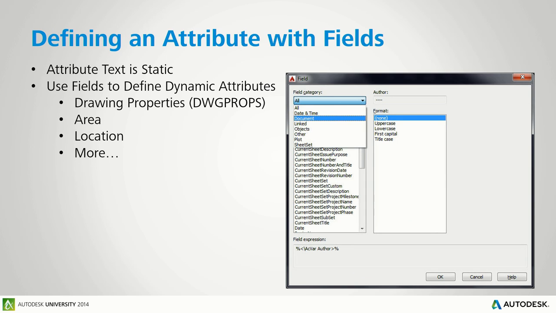Okay, another thing that was added in AutoCAD 2005 is an object called a field. This class isn't really about fields, so I encourage you to explore that a little bit more, but basically attribute text, even though it's kind of dynamic because it allows you to change it on the fly, it's not. It's static. But what you can do is insert a field.